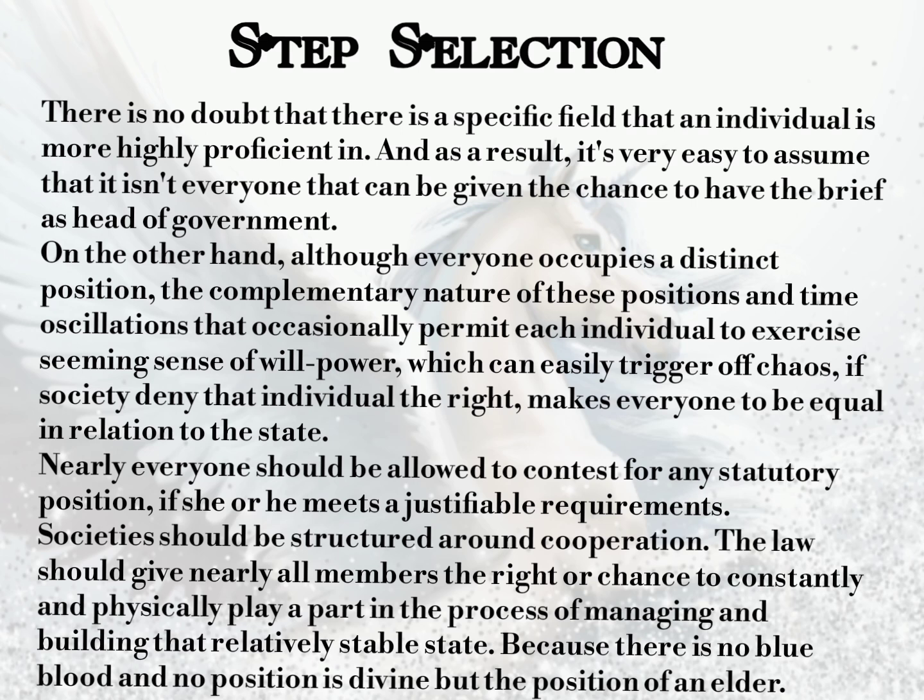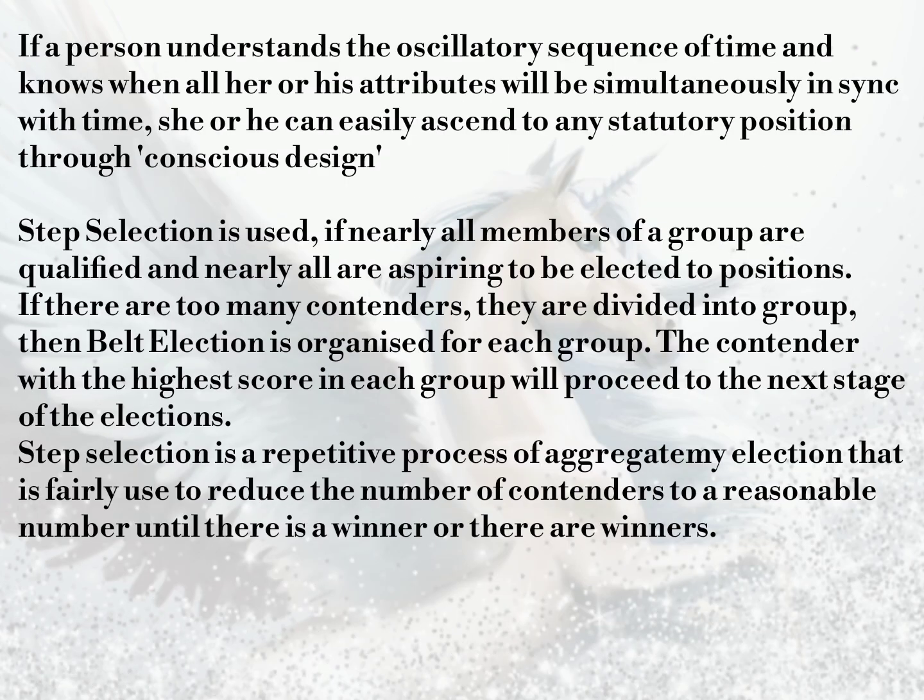Because there is no blue blood and no position is divine but the position of an elder. If a person understands the oscillatory sequence of time and knows when all her or his attributes will be simultaneously in sync with time, she or he can easily ascend to any statutory position through conscious design.